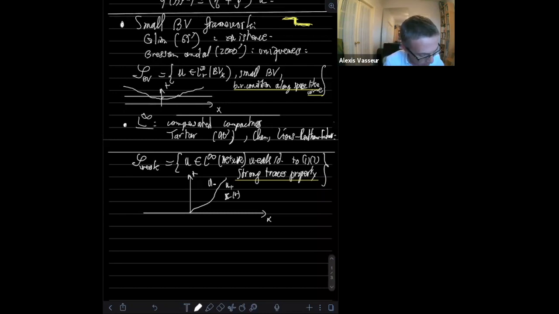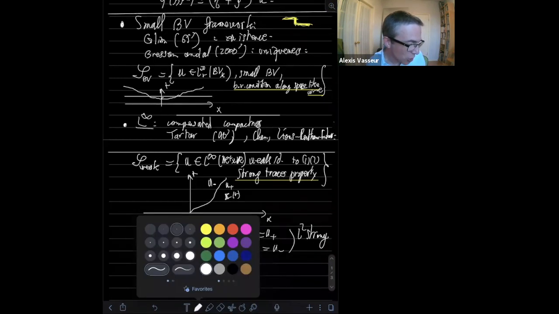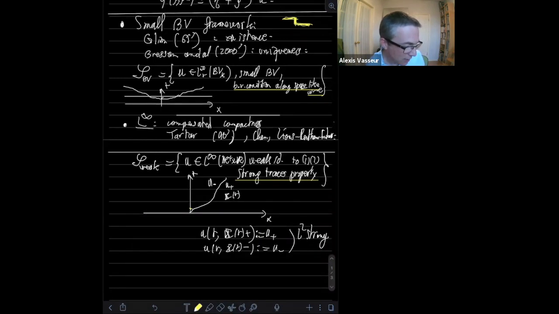So you can define u of t at x of t plus, the u plus, and u of t at x of t minus, the u minus, and you can have it in L2 strong. The thing that you cannot have is a solution which oscillates a lot in time when you get closer and closer to your line.